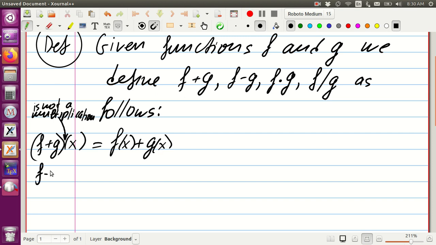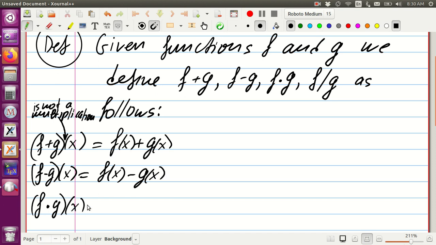Then we can define f minus g of x. So this we can define as f of x minus g of x. We can also define f times g of x by taking f of x and multiplying it by g of x.